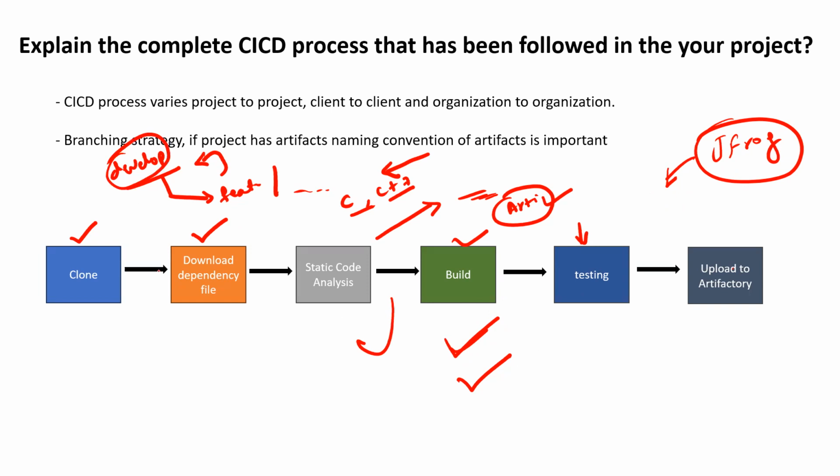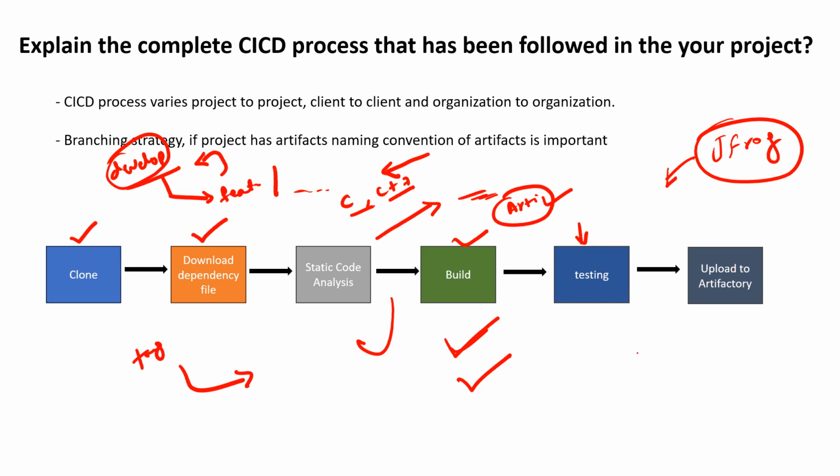And also, now you can say this is a CI process. For a change, this particular pipeline was running. But where is the final artifact given? To avoid a lot of complexities, in that particular project we had a very simple process. Whenever they wanted to deliver the final product that has to be installed on hardware, we used to create a tag, and using that tag, we used to run the same pipeline again: download dependencies, static code analysis, build, testing.